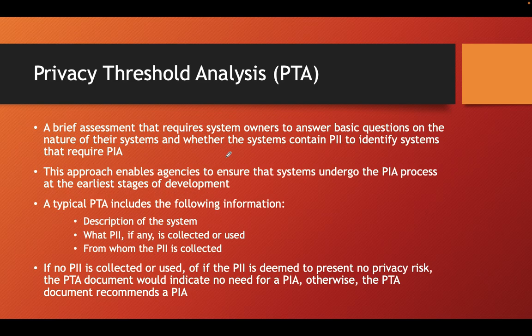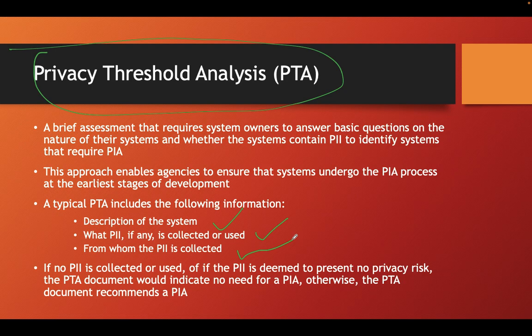A typical privacy threshold analysis includes the following three pieces of information. One is the description of the system. Two is what PII, if any, is collected: what personally identifiable information is collected by the organization from the individual, and from whom this personally identifiable information is collected, which individual did you collect it from.